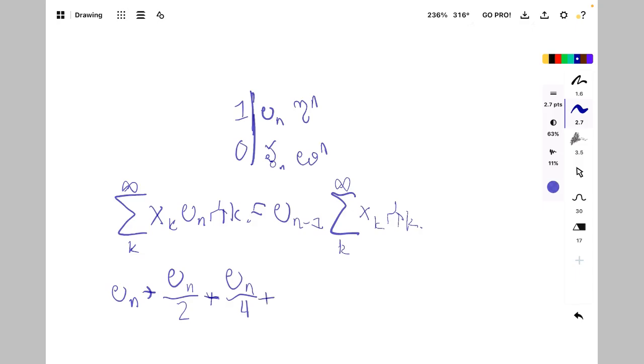And the more terms you sum up, the closer and closer this sum would get to the real axis. So over 8 and then n over 16. I think I drew that right. Yeah, I did. And again, this sum is still finite.